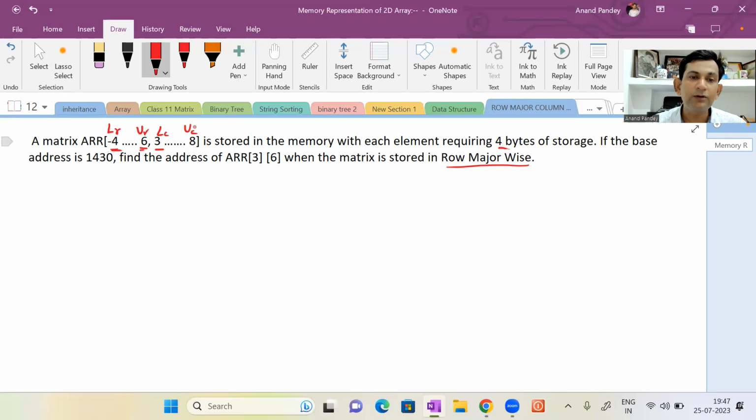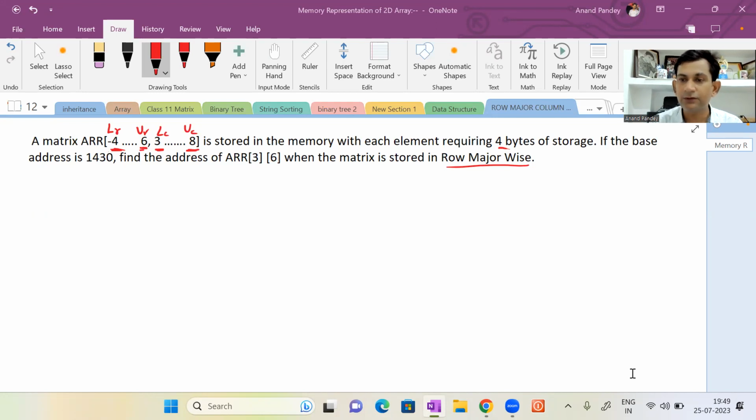This is the lower bound of column, and this is the upper bound of column. Okay, LR, UR, LC, UC. Please remember the sequence: lower bound, upper bound of row, lower bound, upper bound of column.